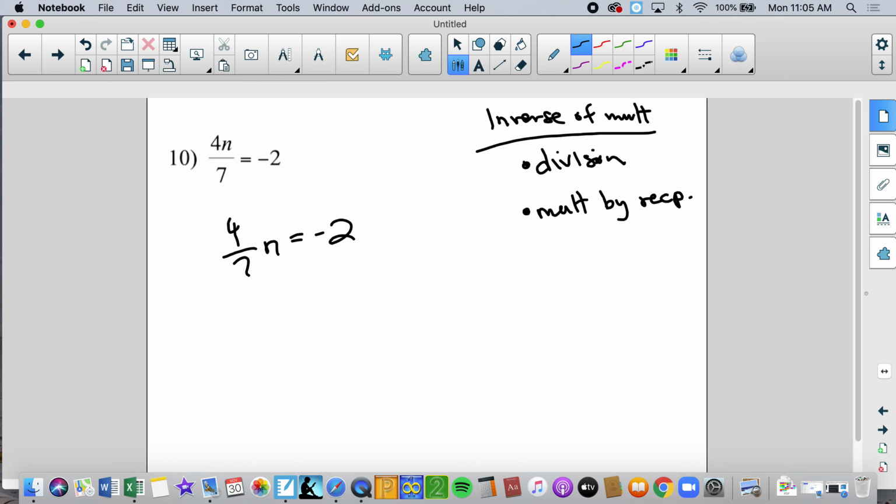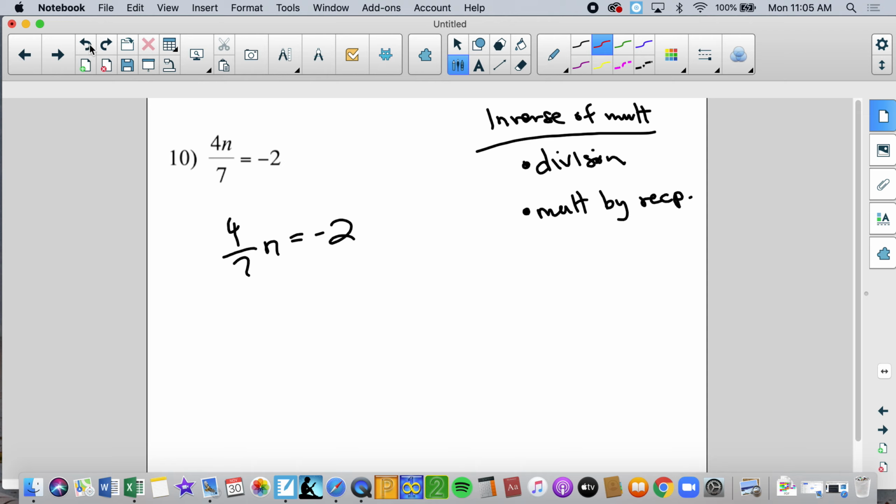So instead of dividing, we don't want to divide by 4/7. We don't want to use the division inverse because, what are you going to do with that? A lot of students don't know how to handle that. So we're going to move away from using division as the inverse of multiplication.